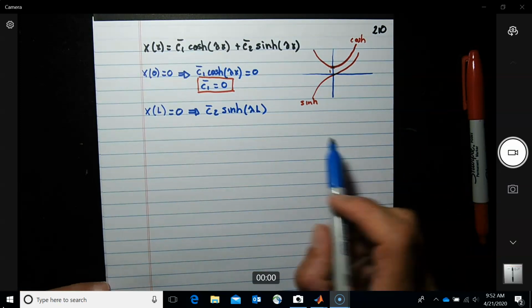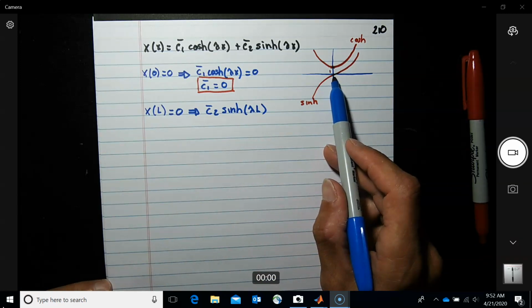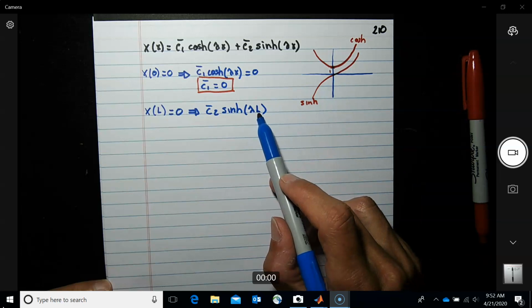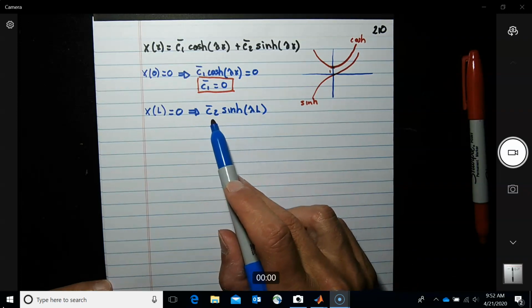Okay, and we know that this is only possible here. The sinh can only be 0 if this is equal to 0. Okay, and we know this is equal to a constant. So simply this is not possible unless C2 is also equal to 0, which will be the trivial solution.